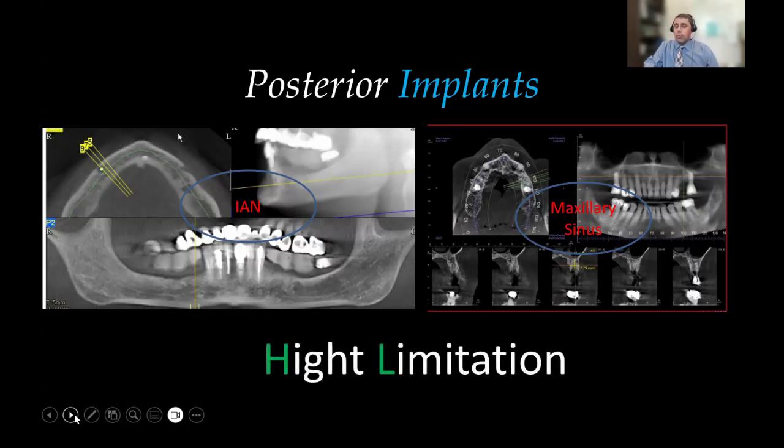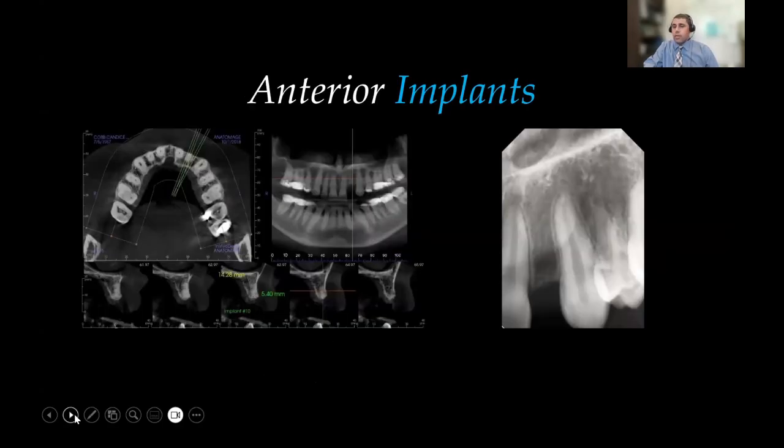But generally, we may have height limitation when it comes to posterior segment. If you compare that to the anterior segment, it's actually an opposite problem. Generally, we have good bone height, but sometimes we can run out of space horizontally. We may have that problem for placing single implants between interradicular space or for facial dimension of bone.